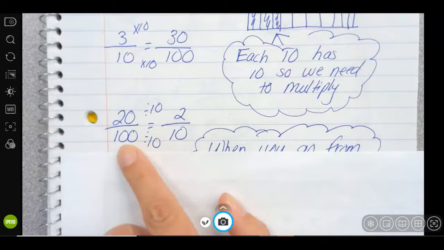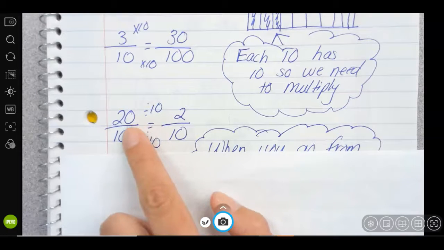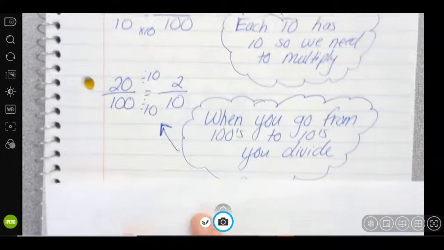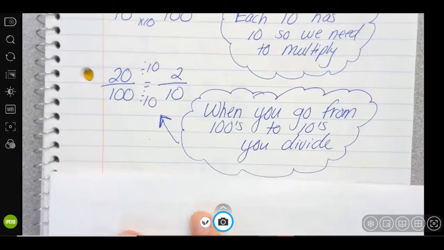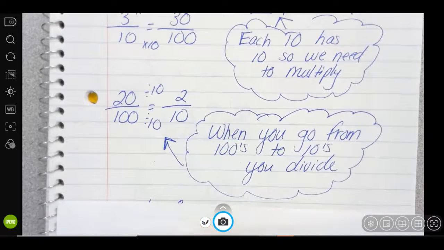If we're going from 100 to 10, we're going from a bigger number to a smaller number, so we're going to divide. And whatever we do at the bottom, we do to the top. So 20 hundredths is actually going to be 2/10. So when you go from hundredths to tenths, you divide. Those are our 2 rules.